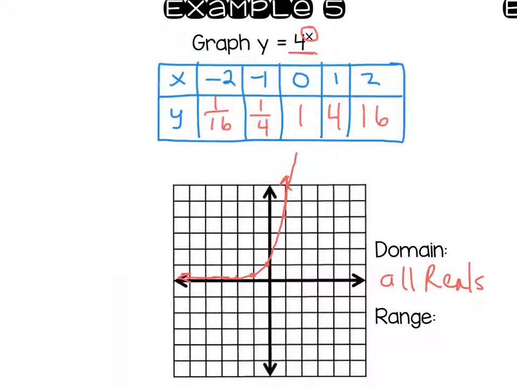So it's going to get really, really close to 0, but it'll never get there. So our range is y is greater than 0. And a lot of people will say greater than or equal to 0, because when you get so incredibly close to 0.00000000001, they would say that's just 0. So we will say that y can equal 0, but it will never get below 0.